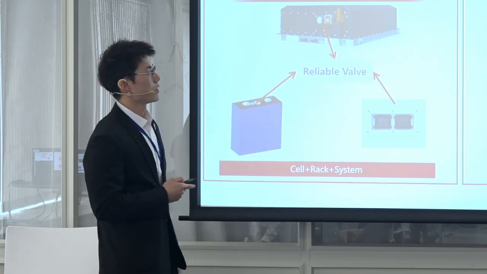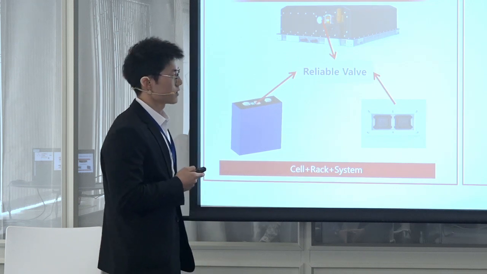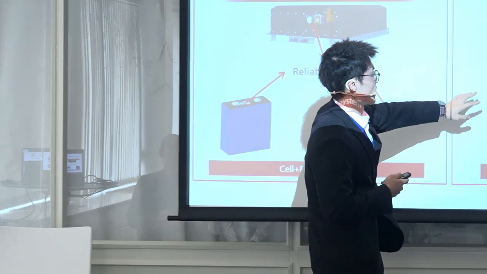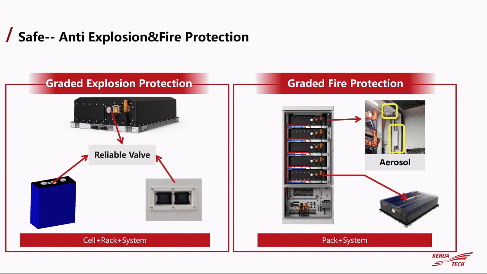And also we have a two-graded fire protection system. As you can see, we have 5 battery packs for each unit. And we have a two-graded level aerosol protection system. One level is inside the battery pack, and another is a system level aerosol system.